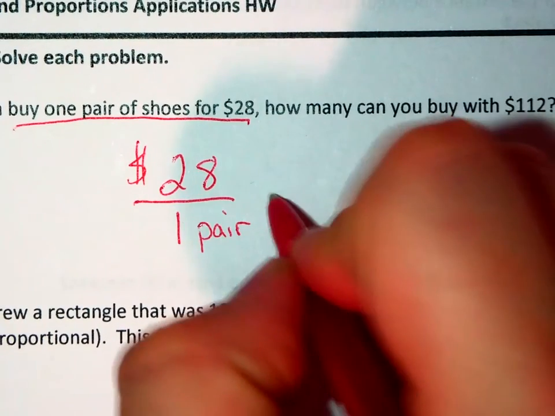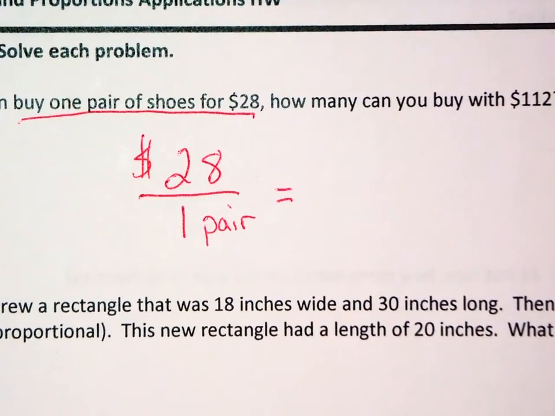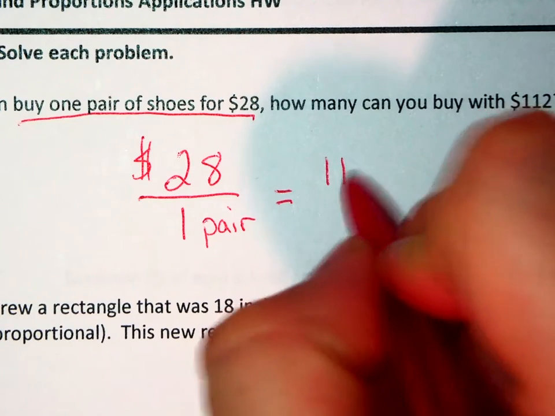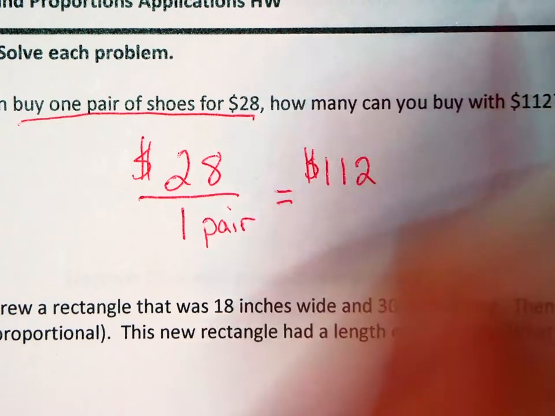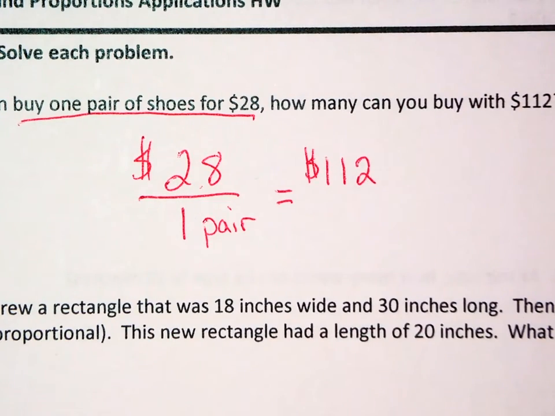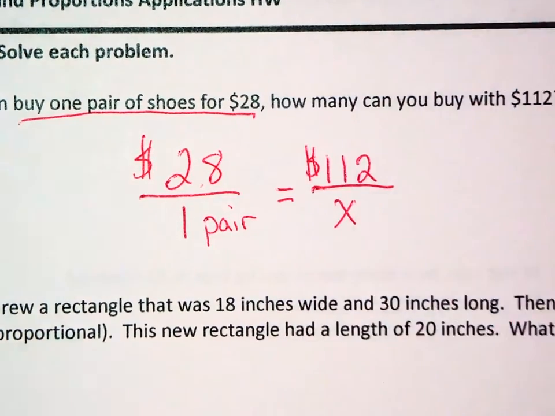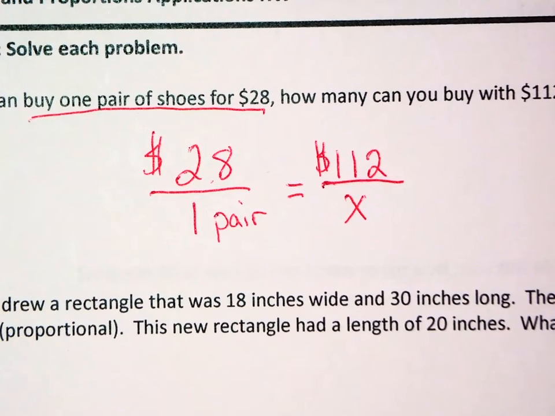And that ratio is equivalent to, well, now I want to know how many pairs can I buy with $112. I need to keep 112 in my numerator because my other ratio has dollars in the numerator over an unknown value of pairs of shoes.